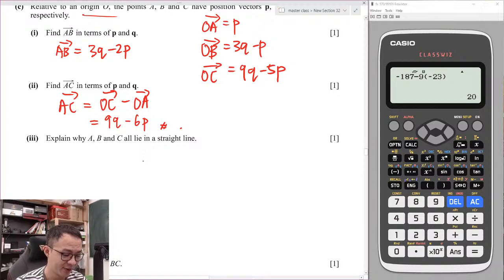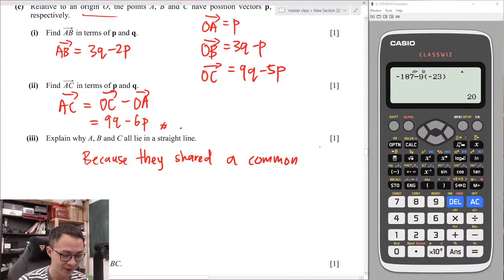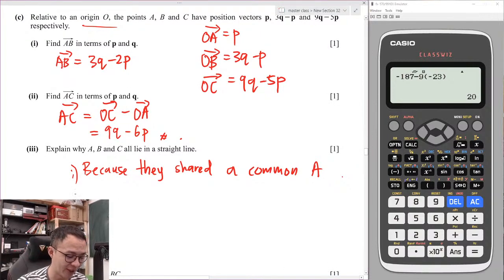You can say because they share a common letter A. Yeah, you can do like this. This is method number 1, or you can do method number 2. You can say AC is equals to 9Q minus 6P, right? And then you can factorize out the 3 here.